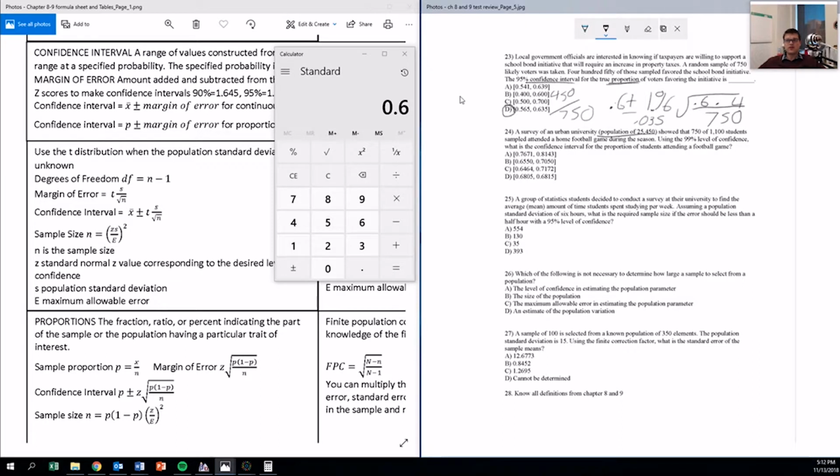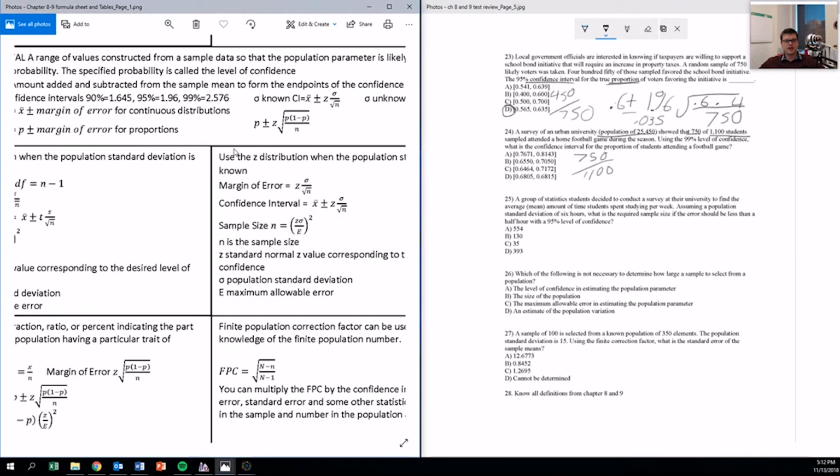Okay, so we've got a proportion of 750 over 1100. That's the proportion. Using a 99% confidence level interval, let's find what's the number for that. I've got it right here. 99 is 2.576. Okay, 2.576. So first of all, what is 750 divided by 1100? Let's get the calculator out.